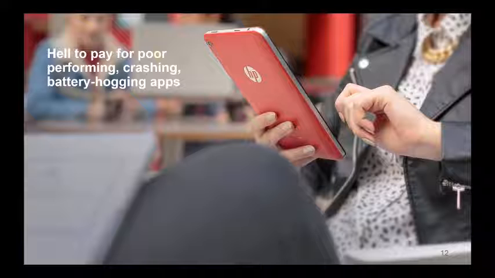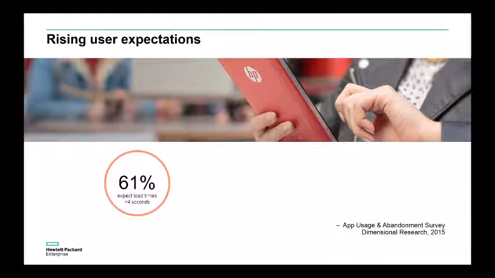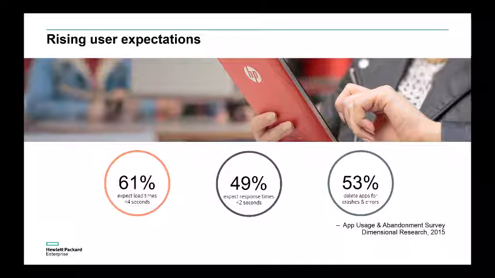So the survey found that nearly 2/3 of app users expect that their preferred application should load in 4 seconds or less. And almost half of these users expect these applications to refresh screen to screen in 2 seconds or less. And if your app stops responding with errors and crashes, more than half of these users are simply going to delete it from their device and go find an alternative.